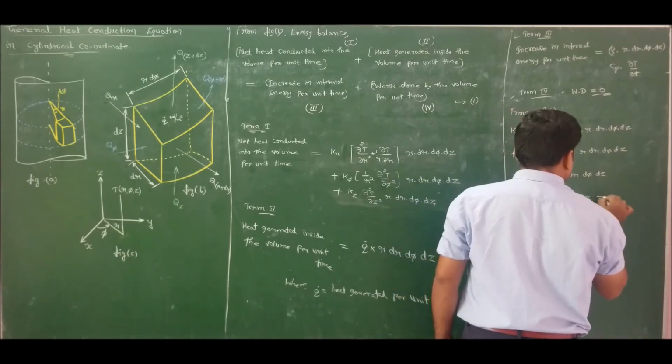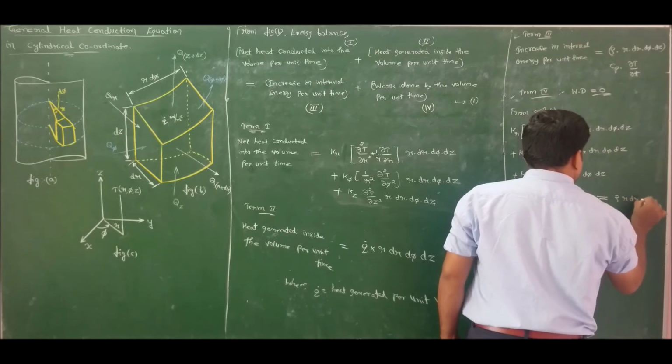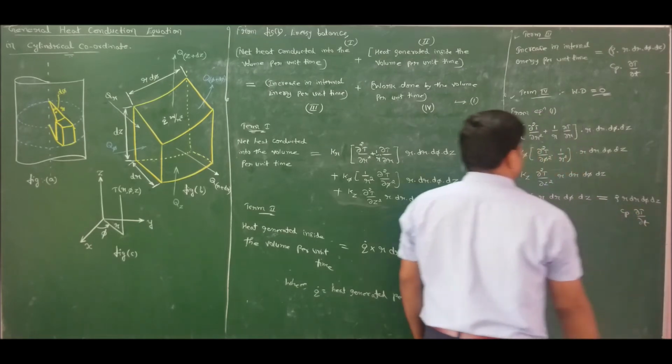This is equal to rho r dr d phi dz cp dou t by dou t.